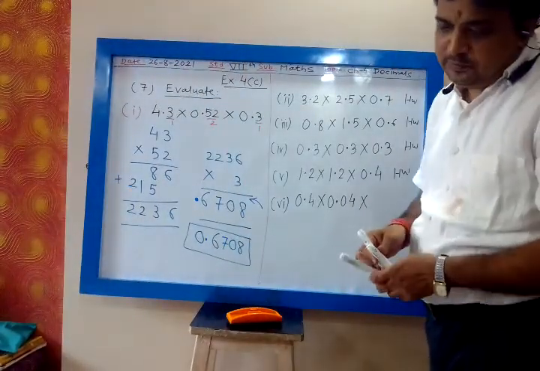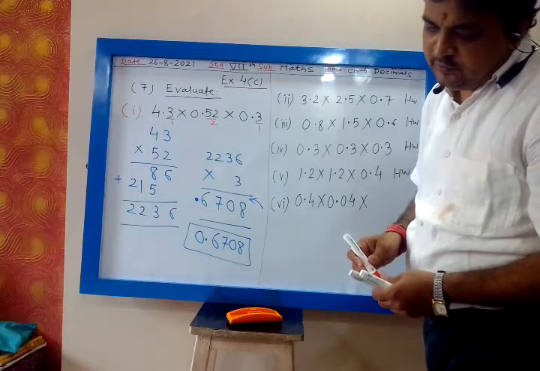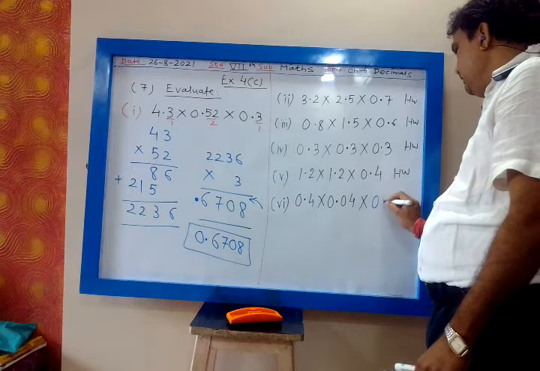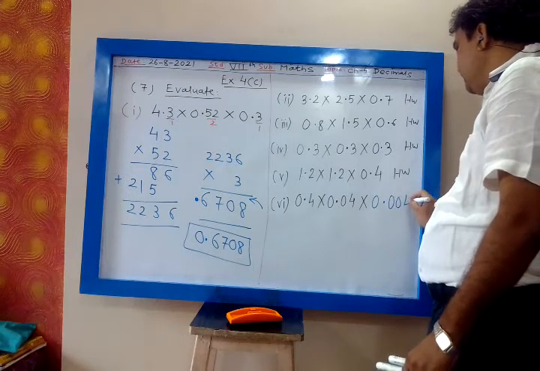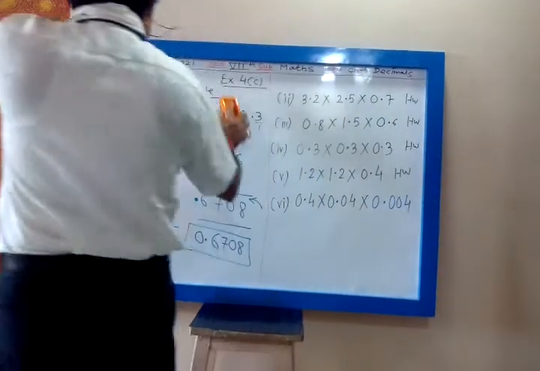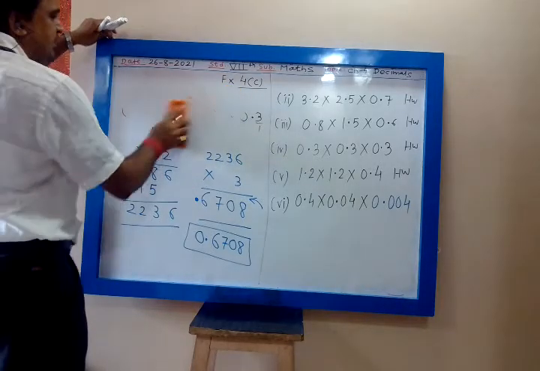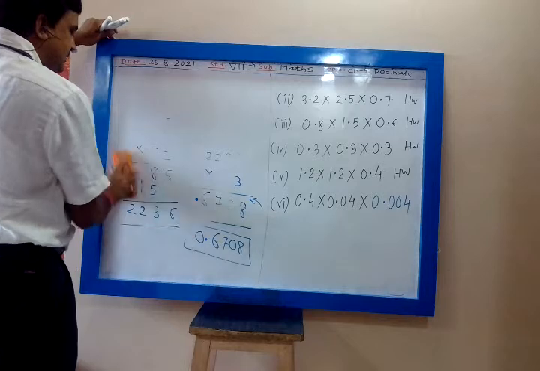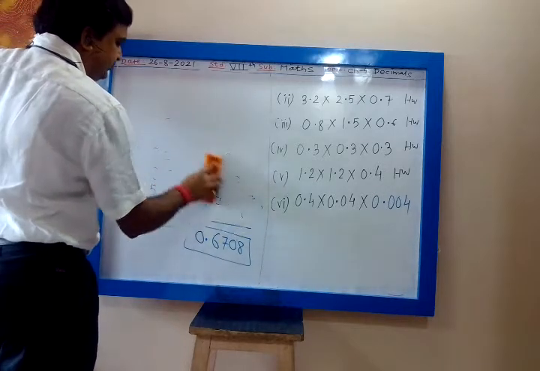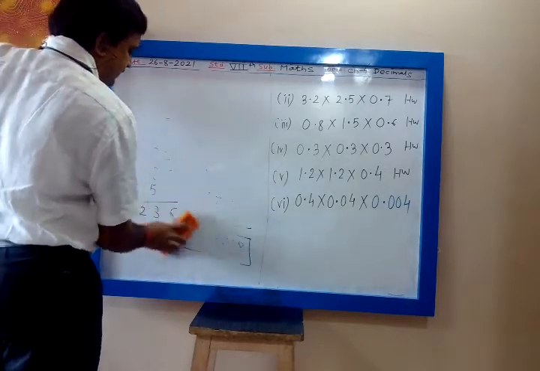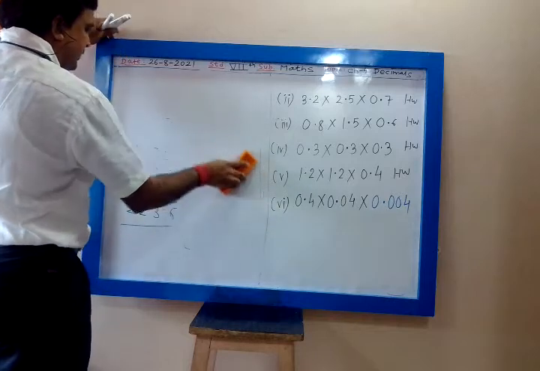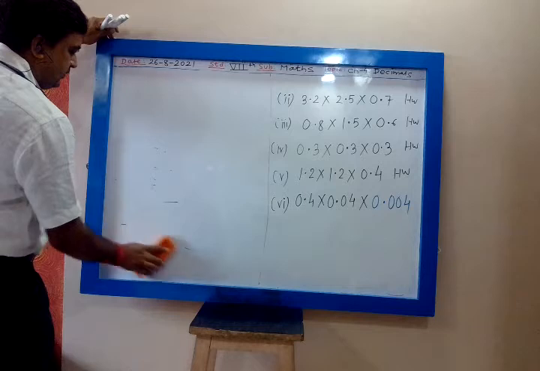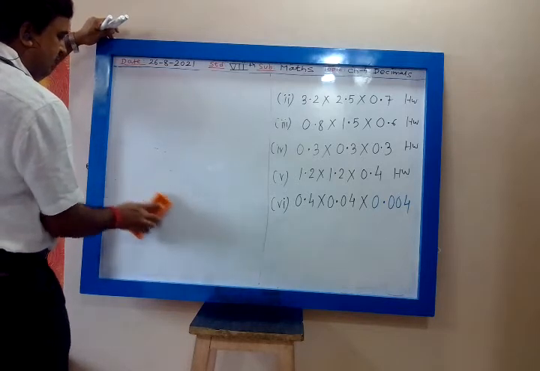0.4 into 0.04 into 0.004. Let me do this sixth one. 0.4 into 0.04 into 0.004. Okay.